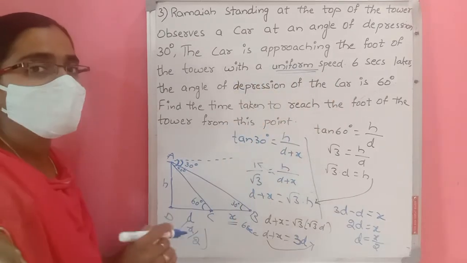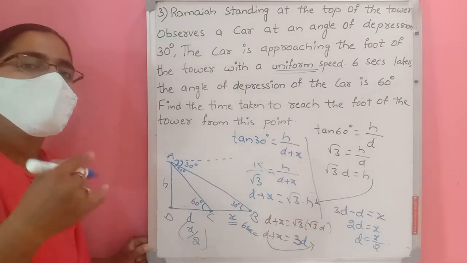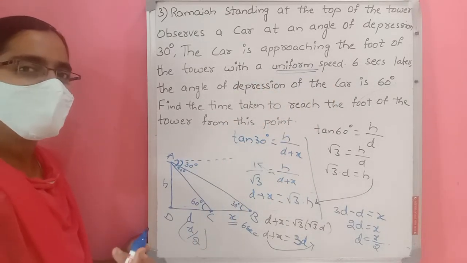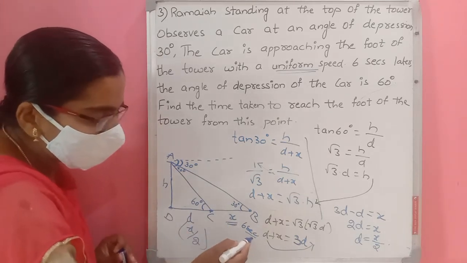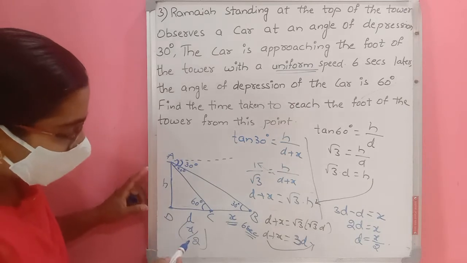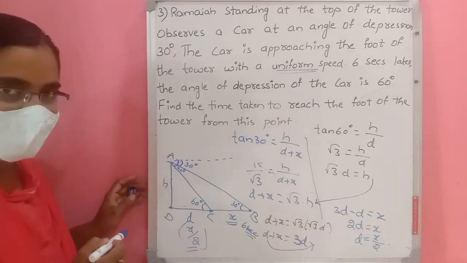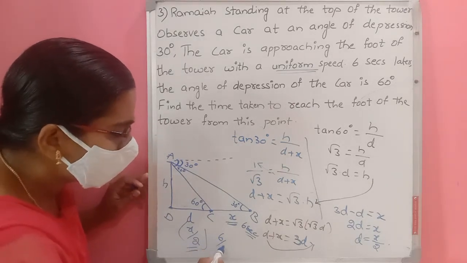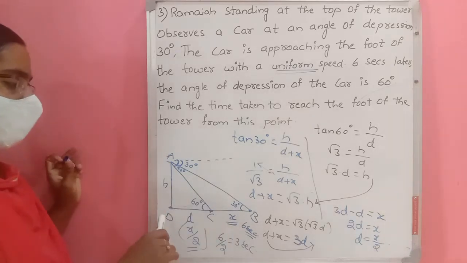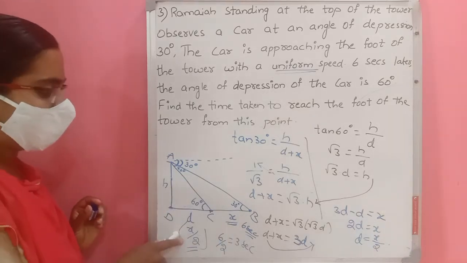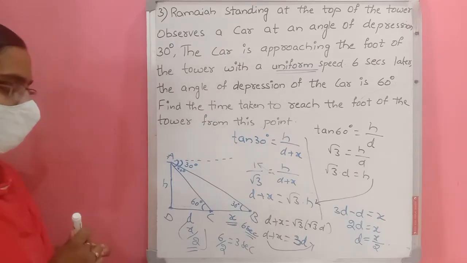That is also important. It means it covers equal distance in equal intervals of time. So, to cover X distance, it needs 6 seconds. To cover X by 2 distance, it needs 6 by 2 time, that is 3 seconds. So to cover C to D, it needs 3 seconds of time.